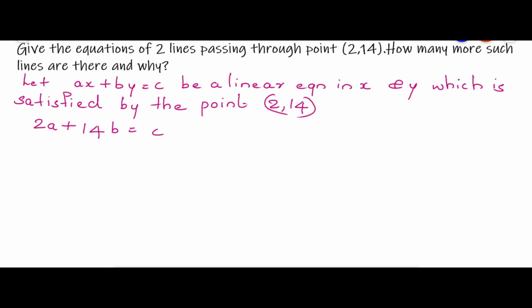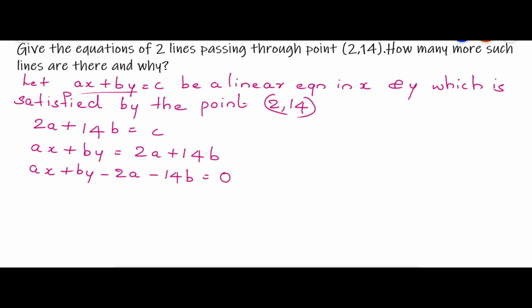So you can express this one, ax plus by is equal to 2a plus 14b. So bringing this a and b into this side, ax plus by minus 2a minus 14b equal to 0.